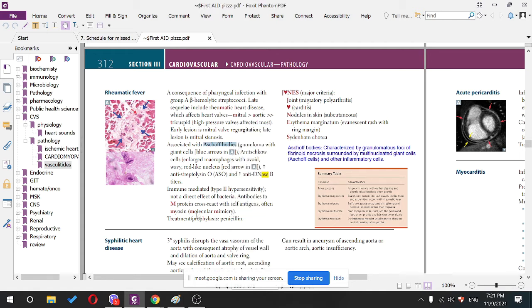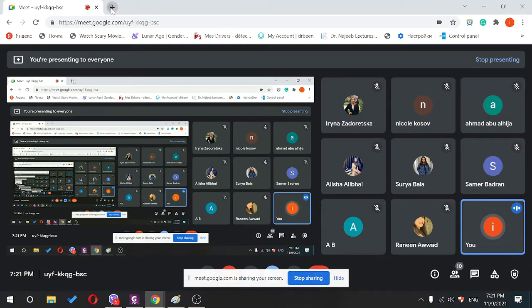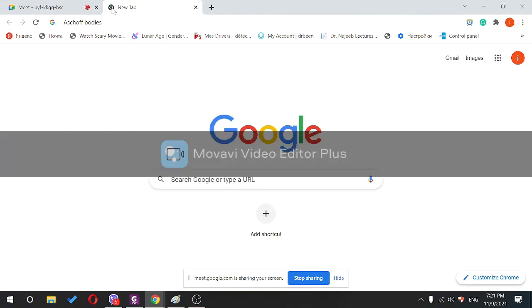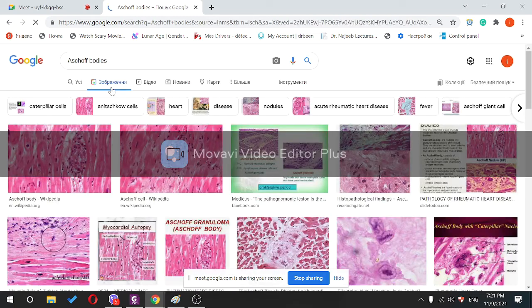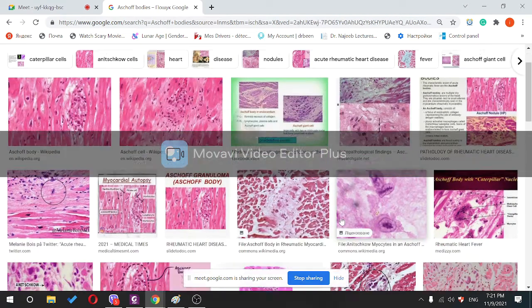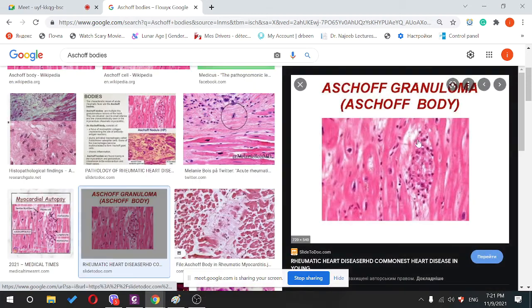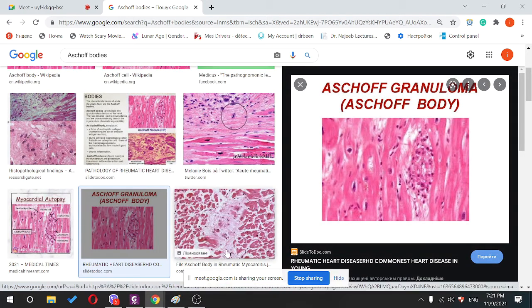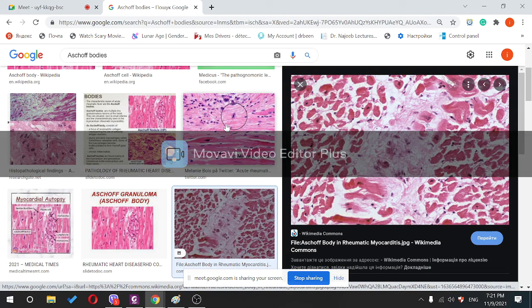But guys, before it opens, can someone tell me what giant cells are made out of? Macrophages, exactly. So you can see here the granuloma. And guys, do you remember when I told you caseating versus non-caseating granuloma according to the causes?